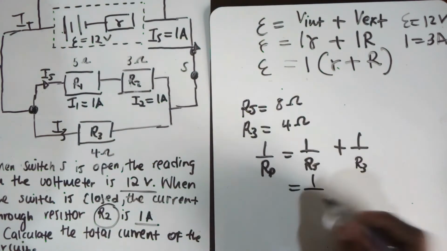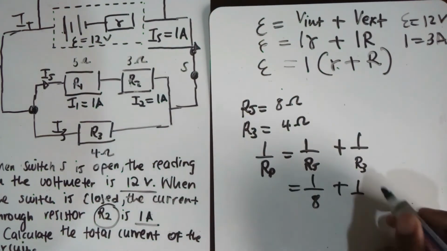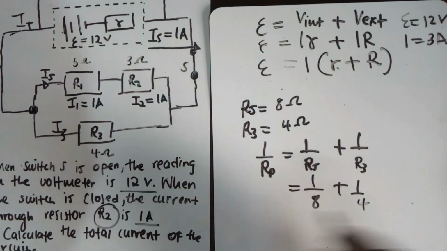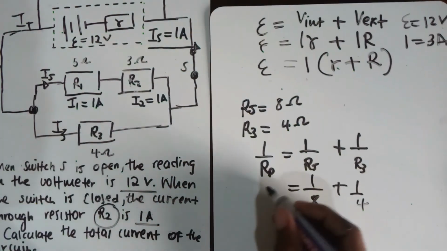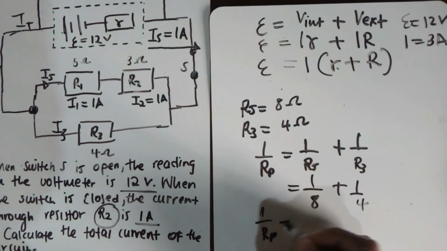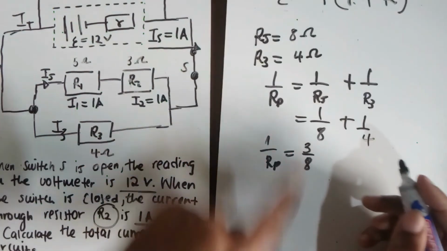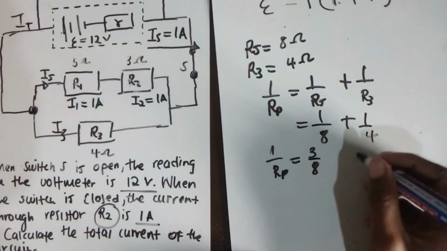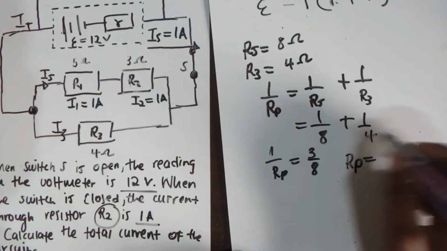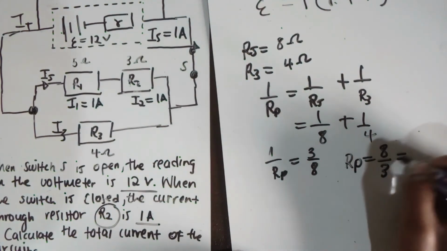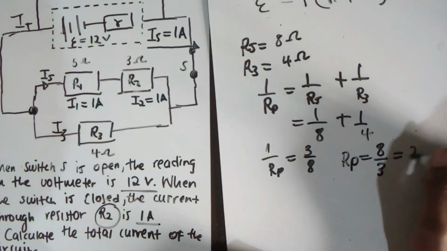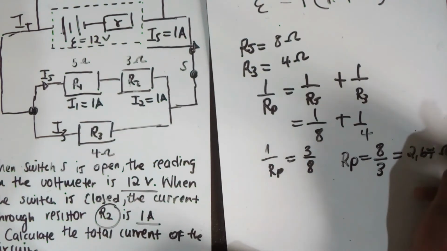So 1 over 8 plus 1 over 4. If you do the maths, you find that 1 over RP is going to be 3 over 8. To make RP the subject, you simply invert this, and then RP is going to be 8 over 3, which is a value of about 2.67 ohm.